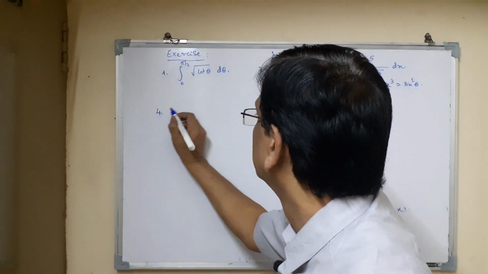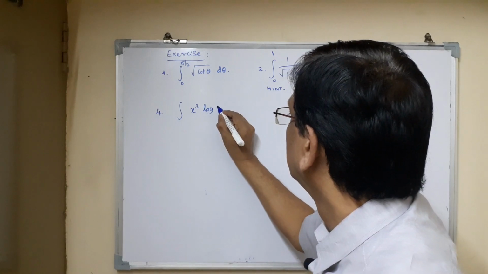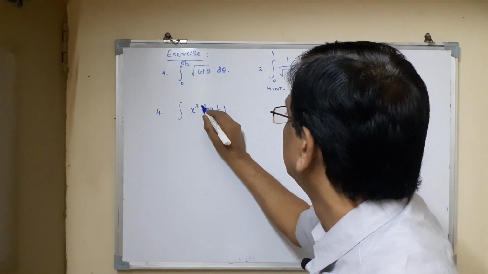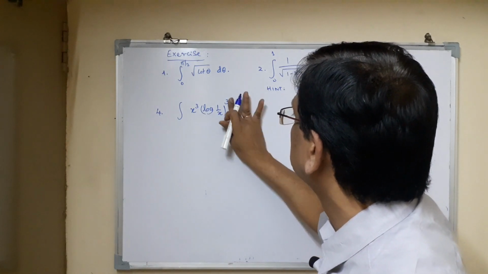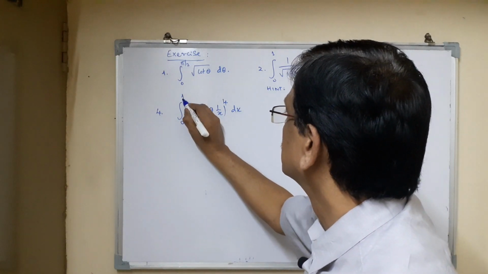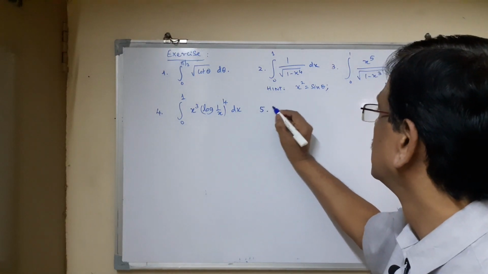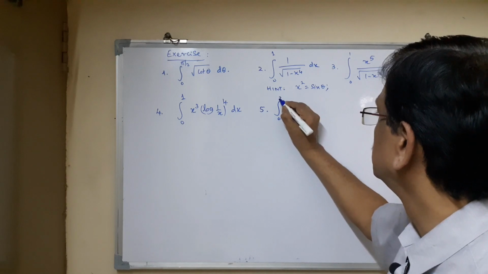Fourth one, x cube into log of 1 by x whole power 4, from 0 to 1. What about this? 0 to 2.